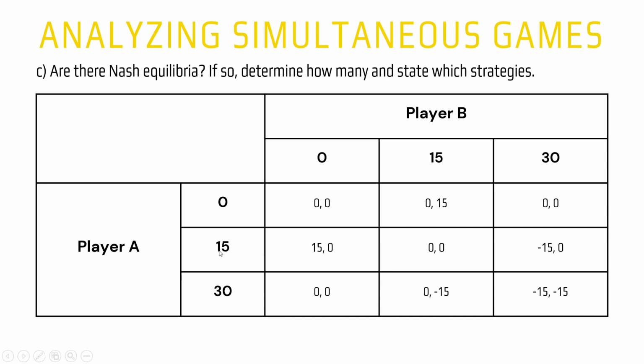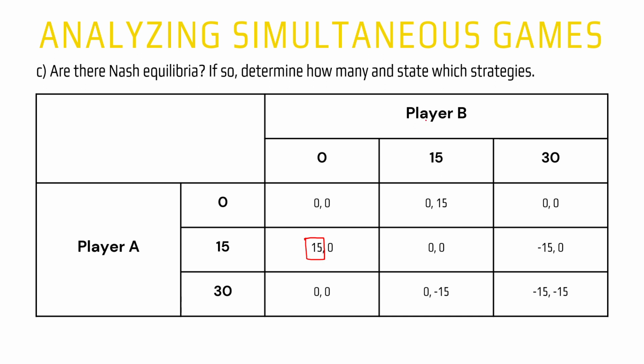So let's take a look first at player A. If we assume that player B chooses the $0 strategy, what is the best strategy for player A? The best strategy here is the $15 strategy, since among 0, 15, 0, the best one is 15.